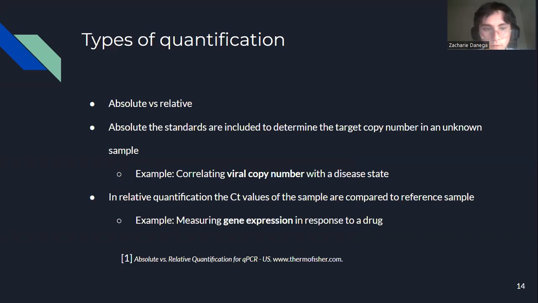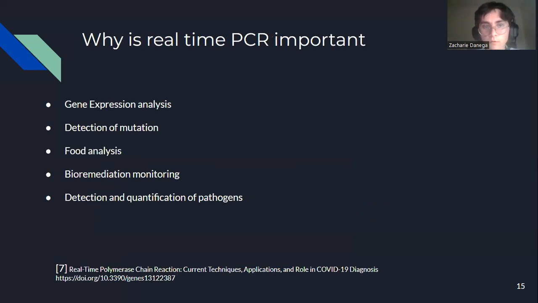Here's a real life example: correlating the viral copy number with a disease state. And in relative quantification, the CT values of the sample are compared to a reference, for example, measuring gene expression in response to a drug. So those are the two types.